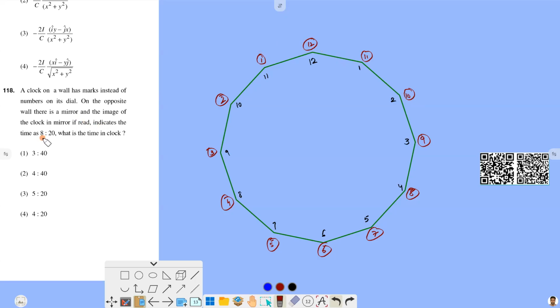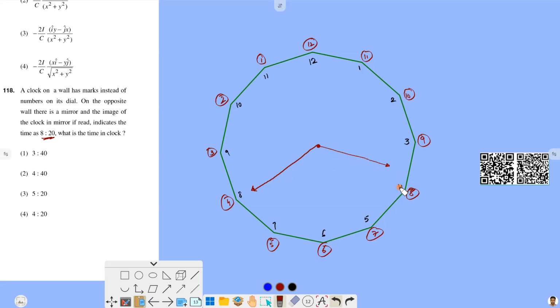So as per the mirror, we have read 8:20, which means the minute dial will be here, because only 4 indicates 20, and 8:20 means the hour dial will be something greater than 4.